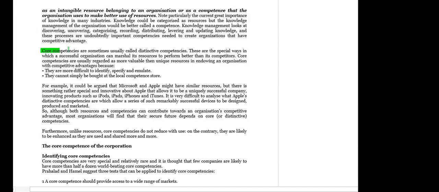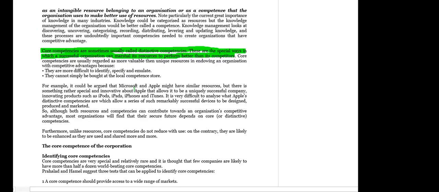Core competencies are what? They are distinctive competencies. They are the special ways in which a successful organization can marshal its resources to perform better than its competitors.